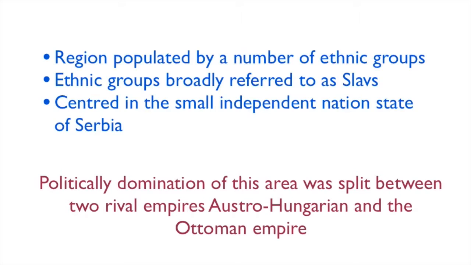The region is populated by a number of ethnic groups, broadly referred to as Slavs, and they're centered in the small independent nation state of Serbia. Politically, domination of this area was split between two rival empires: the Austro-Hungarian Empire, which was right next to Germany, and the Ottoman Empire, which stretched from North Africa up to the east of Austria-Hungary.